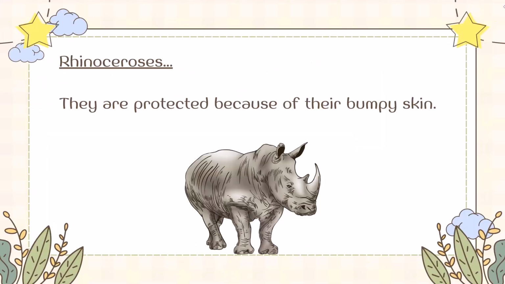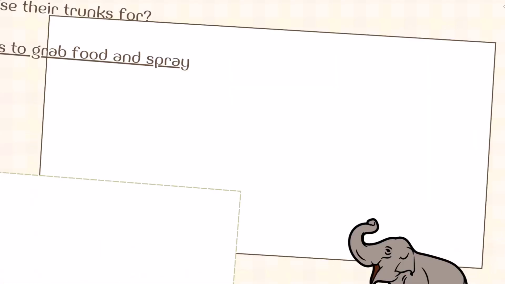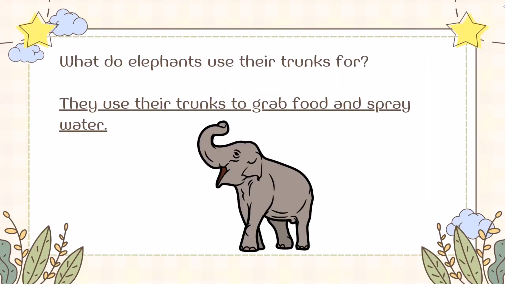Nikit says, rhinoceroses, to the officer's statement that they are protected because of their bumpy skin. Nikit's question: what do elephants use their trunks for? The forest officer's reply is that they use their trunks to grab food and spray water.